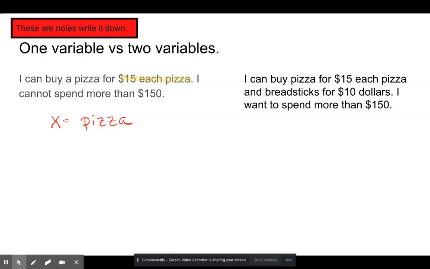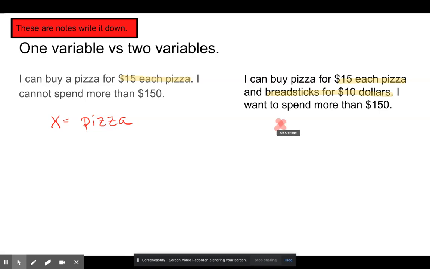Looking at the problem on the right, I can buy a pizza for $15 each pizza and breadsticks for $10 each. I want to spend more than $150. Well, now we clearly see that we have two variables.